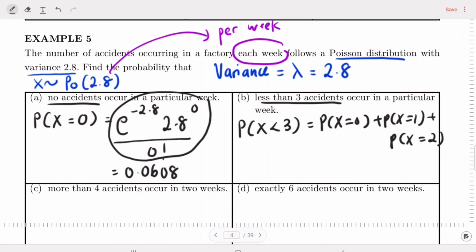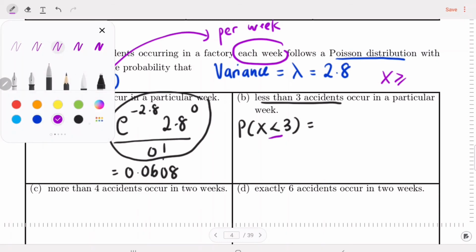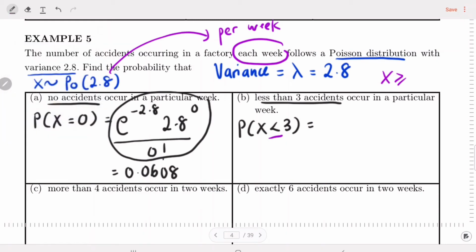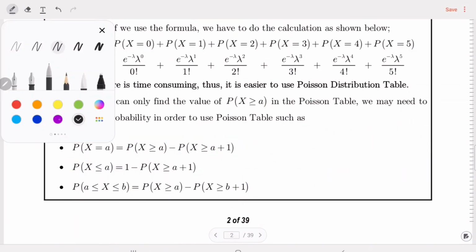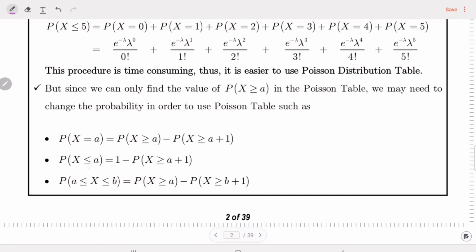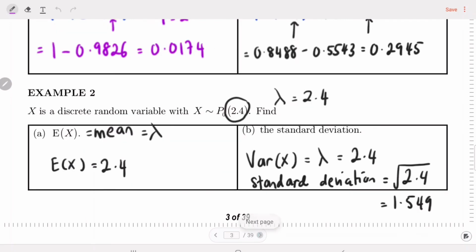But if we are going to use the Poisson table, we need to change it into x greater than equal. But since we have here x less than 3, before we change it into x greater than equal, we need to change it into x less than equal first, since the table only shows the value for when x greater than equal to a.